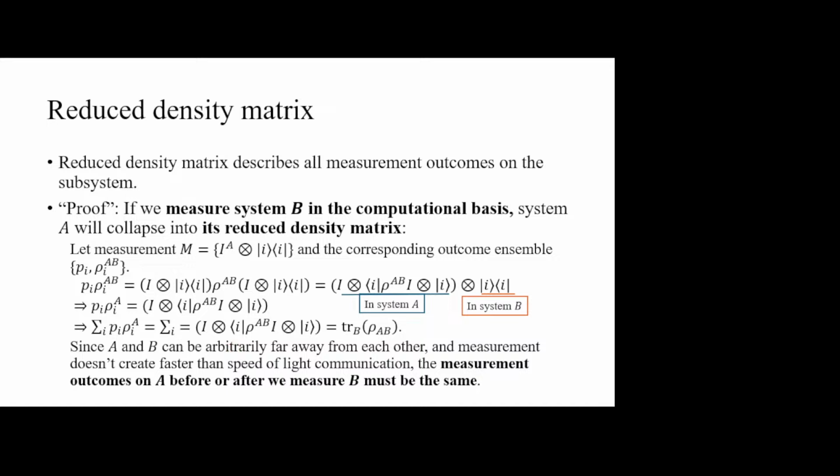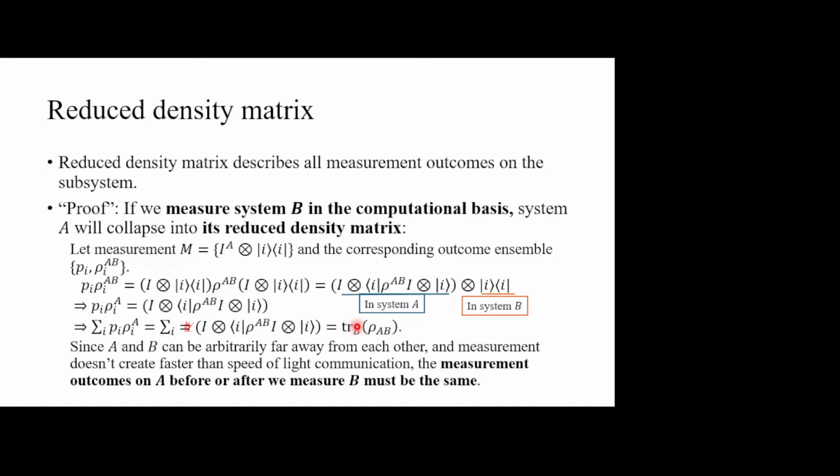We have some typo here. And this is equal to trace B of rho AB.